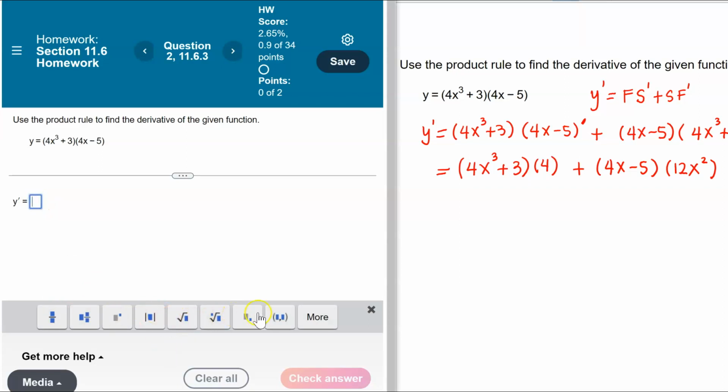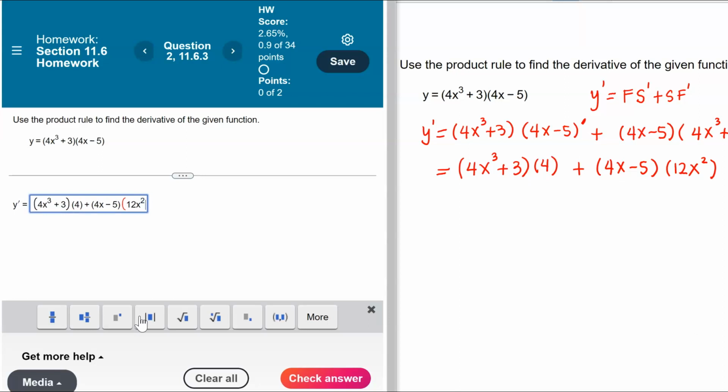So we have the quantity 4x cubed plus 3, and instead of multiplication, you can put quantity 4, plus quantity 4x minus 5 times 12x squared.